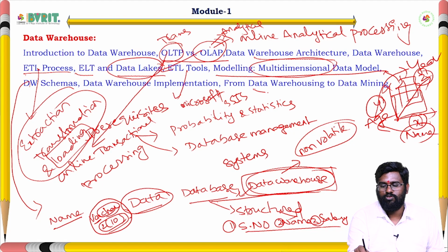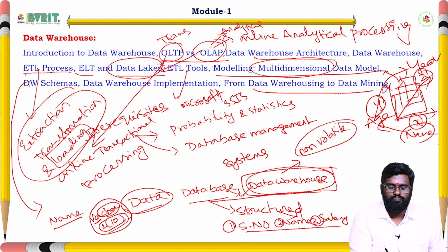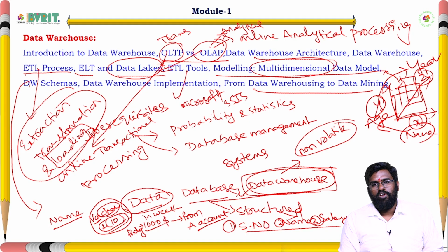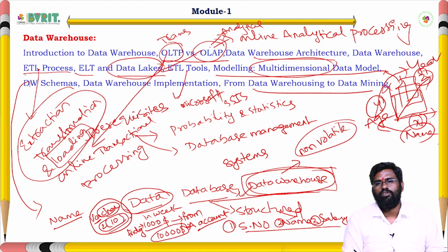From data warehouse to data mining: why are we moving from data warehouse to data mining? For example, in a data warehouse, let us assume that every Friday of the week they are withdrawing $1,000 from account A. Actually, at some instant, suddenly $10,000 is withdrawn from account A. The bank will identify that type of transaction.